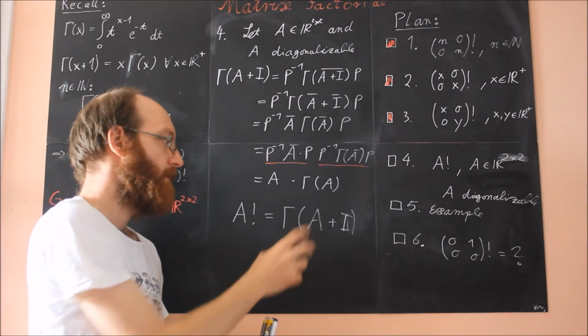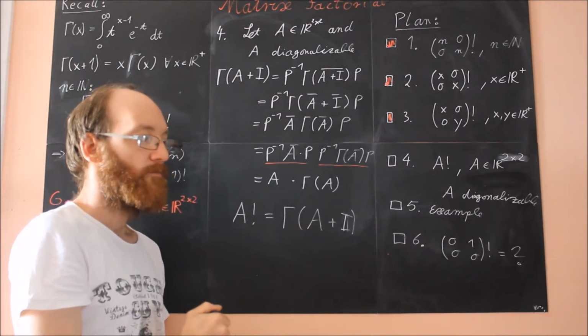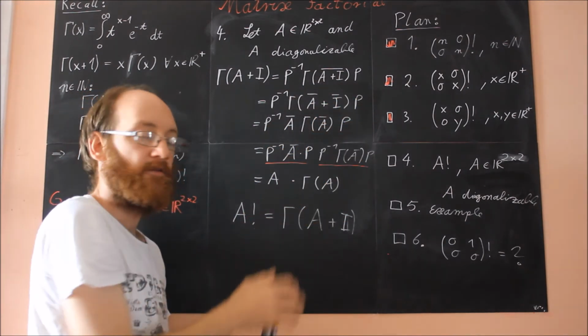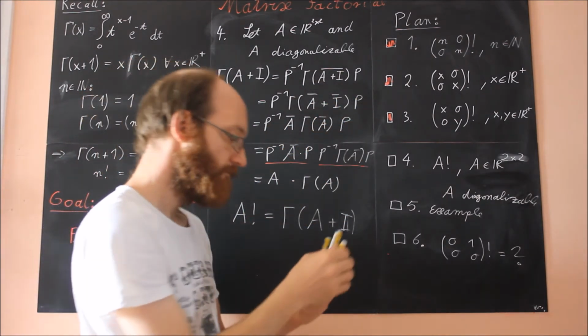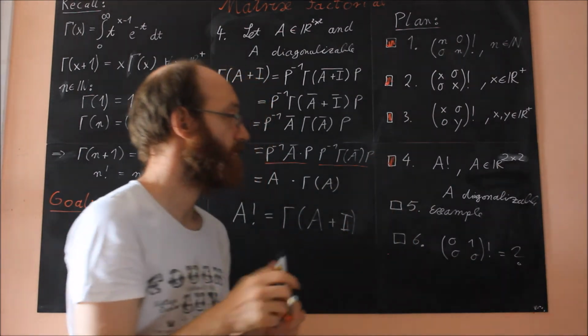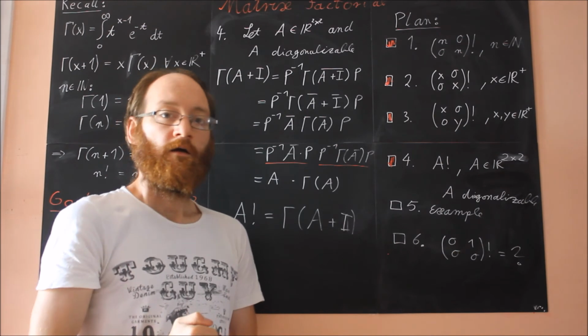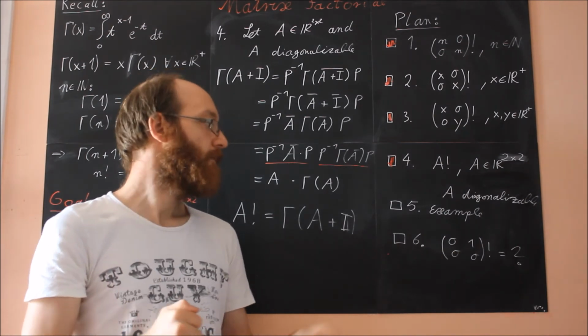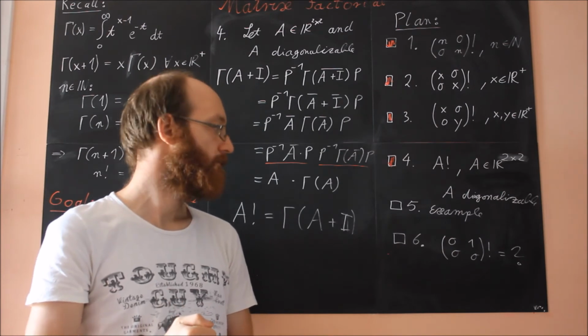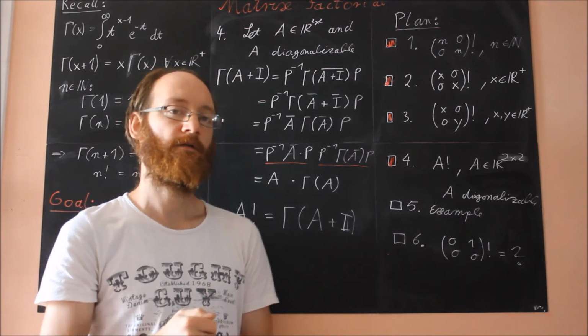And this is, yeah, what we would expect more or less. And we have checked that here everything goes well. So point 4 in our plan is also done. And yeah, now we can take a look at an example. Therefore I clean up the board and then I come back.